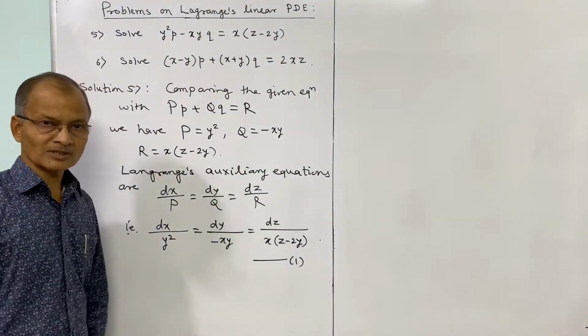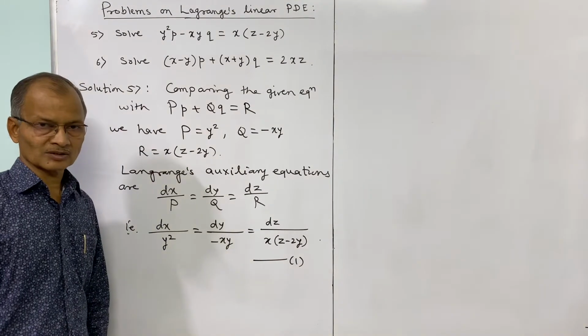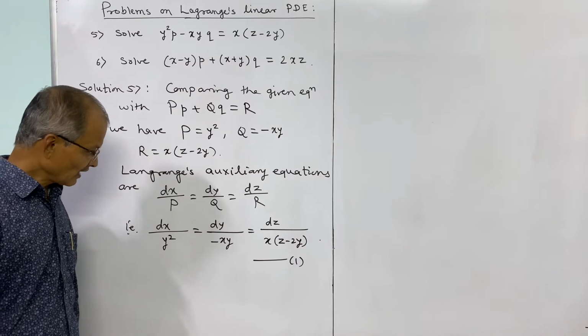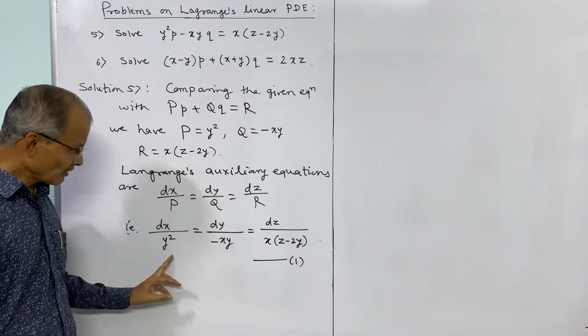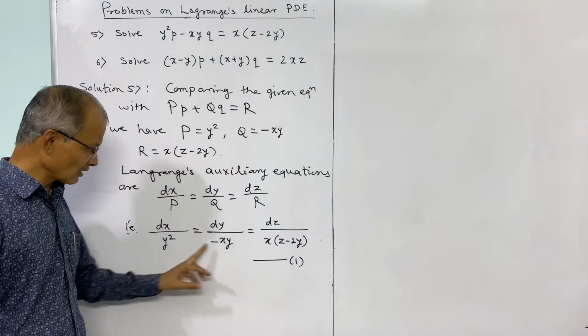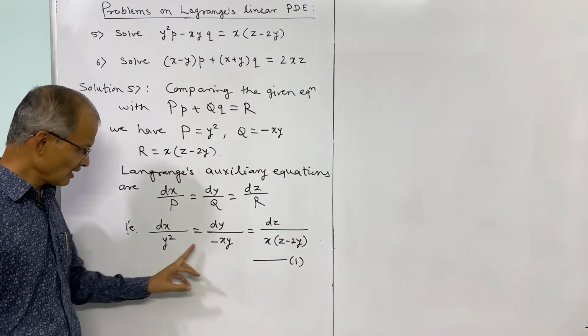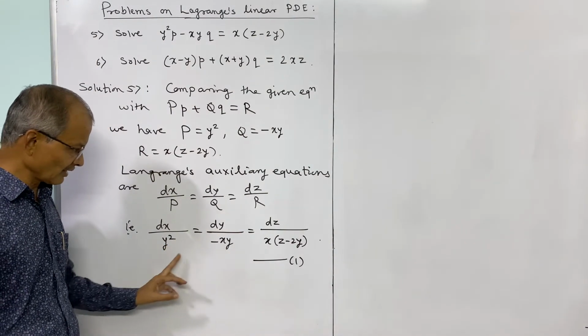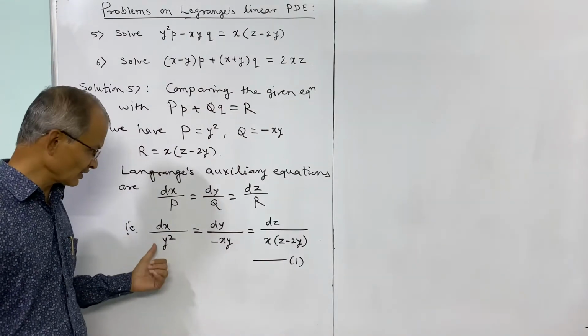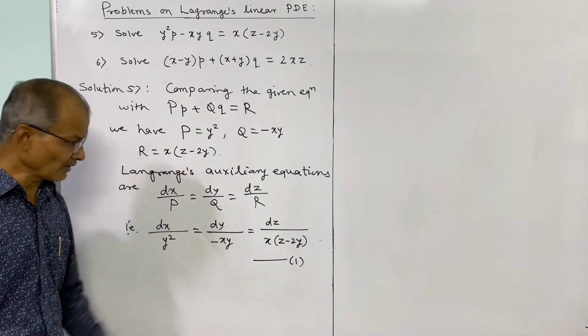Now grouping, which ratios or fractions can be taken first together, and we may observe here for these two. See here the variables are in product, and here we can take the first and second ratio, so that we can transfer this x on the dx side and this y on the dy.